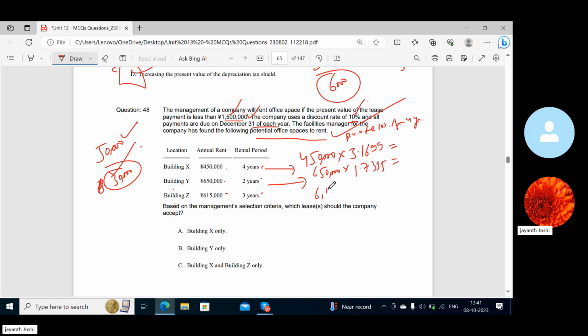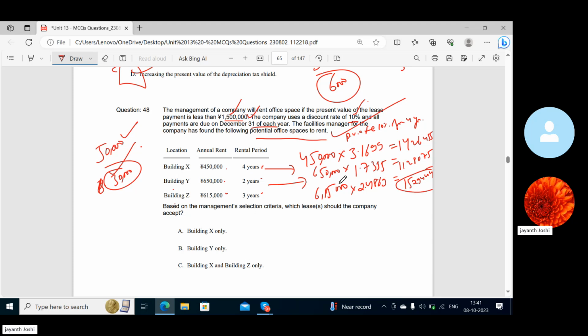Then 615,000 for 3 years, 2.4869. Just tell me the values you're getting. Here you'll get 1,426,455. Here you'll get 1,128,075. Here you'll get 1,529,444, and this is more, right?